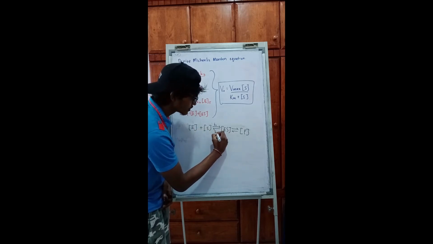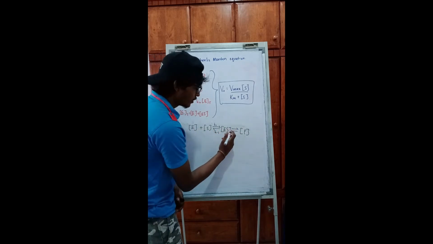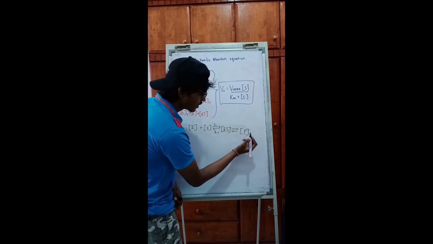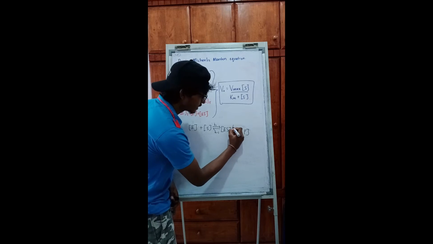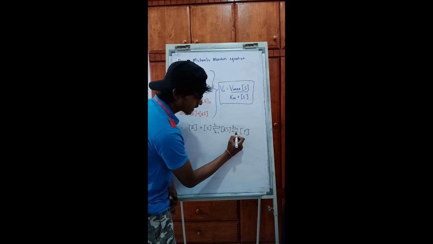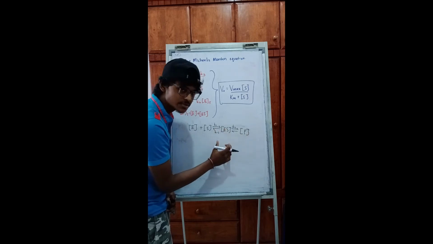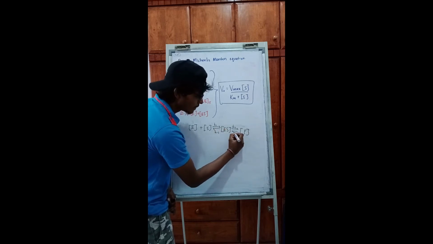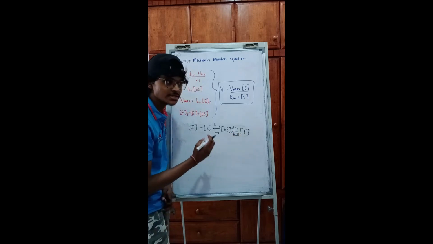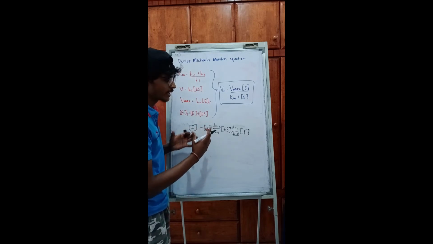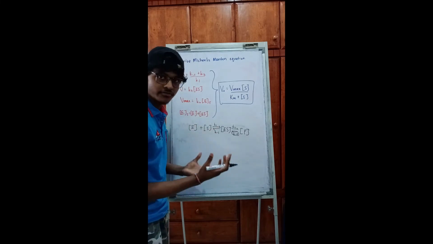This constant will be K-1. Next, the enzyme substrate complex becomes product, and the constant here is K2. But this reaction hardly goes back from product to enzyme substrate complex, so we do not take this as a significant value. This is basically the enzymatic reaction occurring in any kind of enzyme.